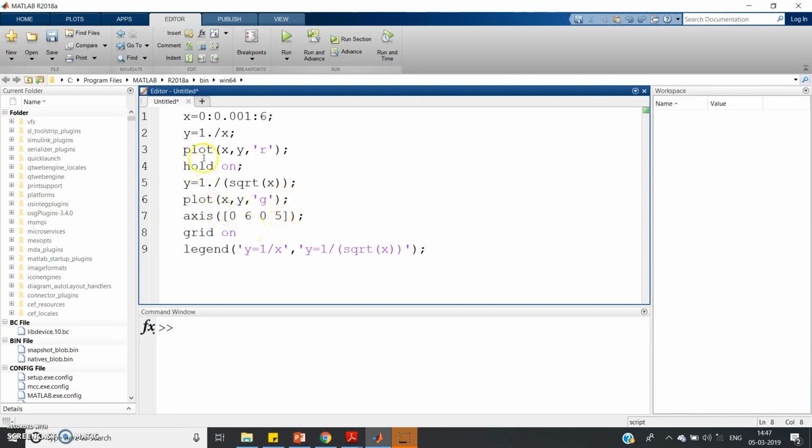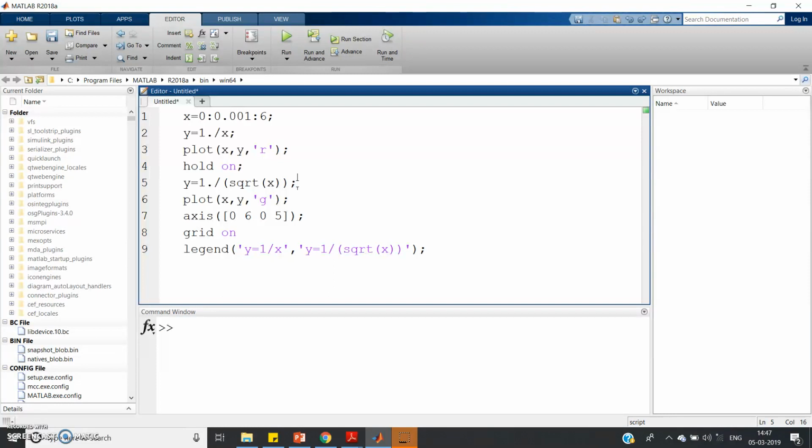Suppose one function y is related to the basic variable x as y equal to 1 by x, that is a rectangular hyperbola, you all know, right? Another function is y equal to 1 by root of x. There are two functions, y equal to 1 by x and y equal to 1 by root over x.